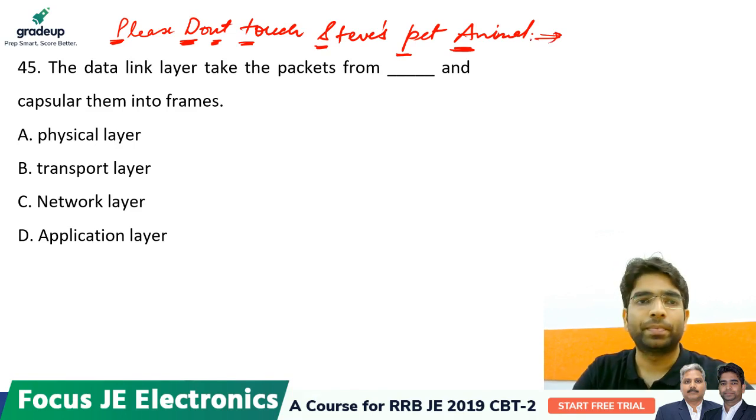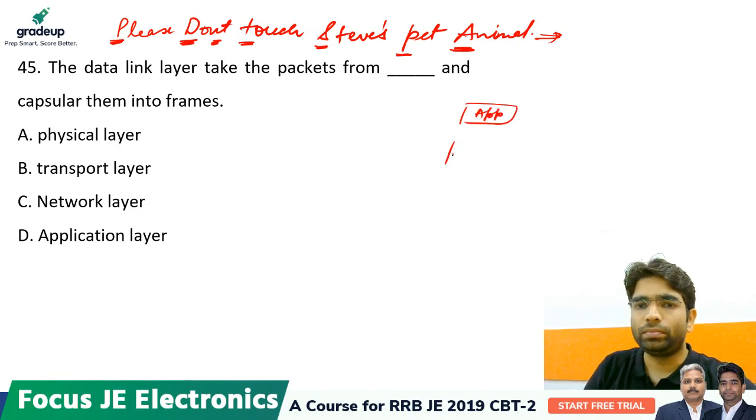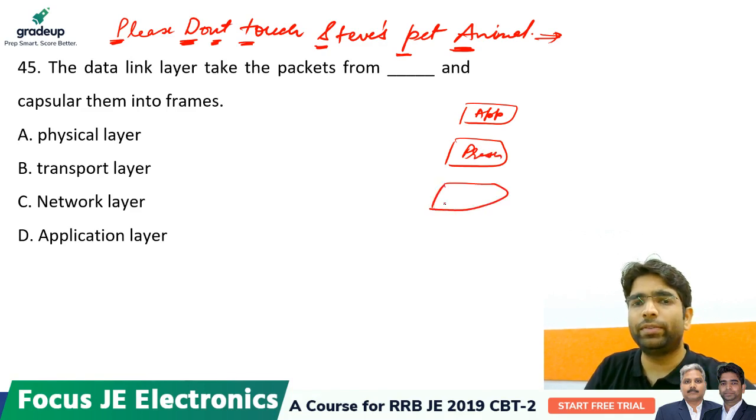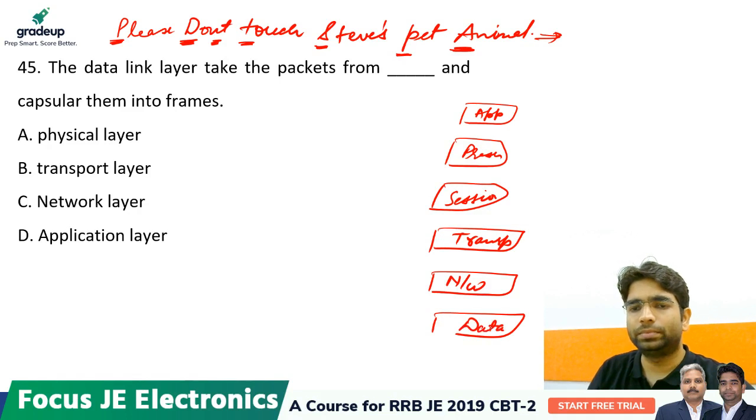Suppose it is the application layer. Below it will be the presentation layer, below it the session layer, below it the transport layer, and then the network layer, again the data link layer, and at the last you will get the physical layer.